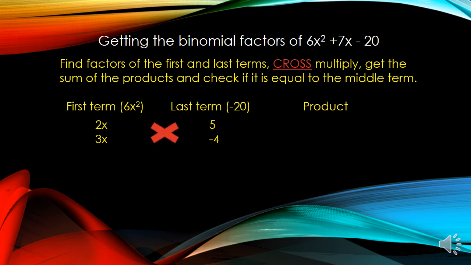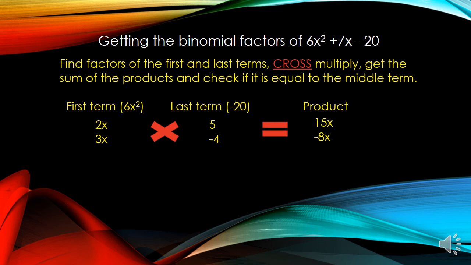Then get the product. Cross multiply. Meaning, your 2x will be multiplied to negative 4 and your 3x will be multiplied to 5. So 3x times 5, we get 15x. And 2x times negative 4, we get negative 8x.